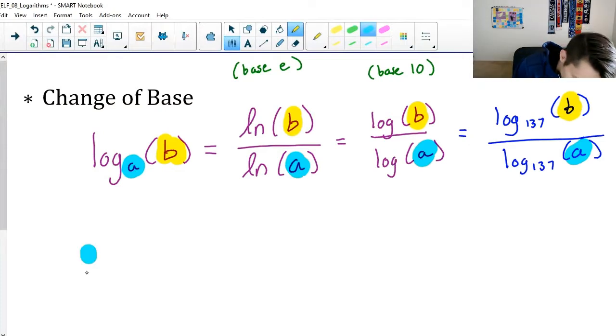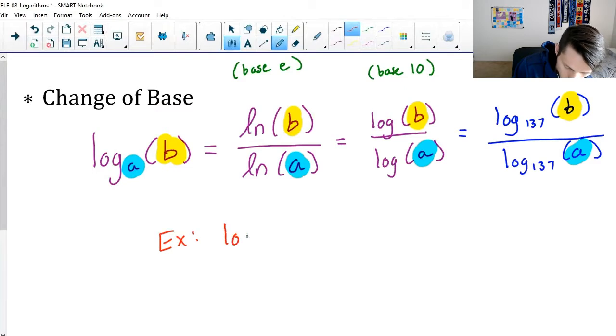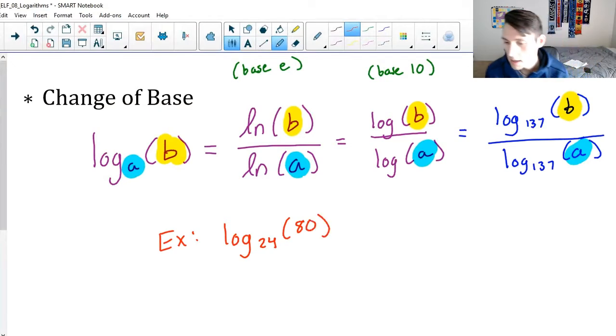Let's say, for example, I for some reason want to know log base 24 of 80. And I actually want to know what the value is, maybe because I'm doing a word problem, so I need a decimal.